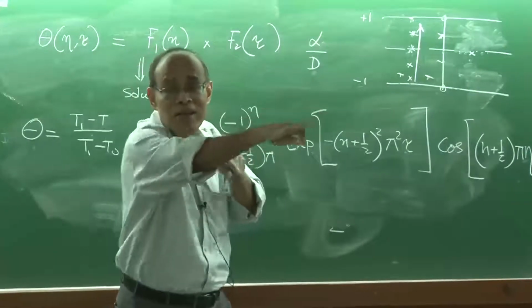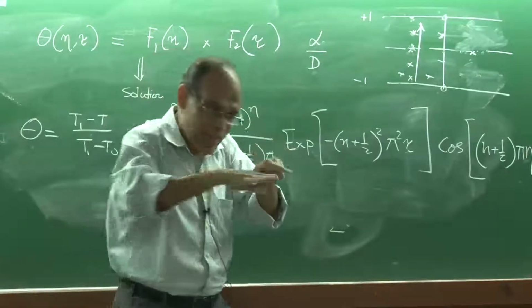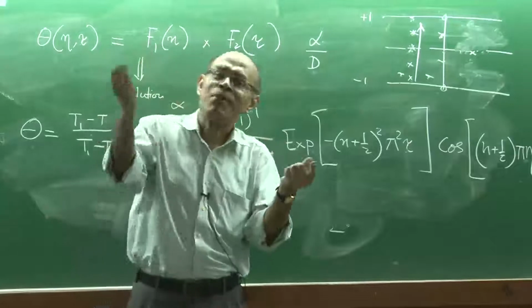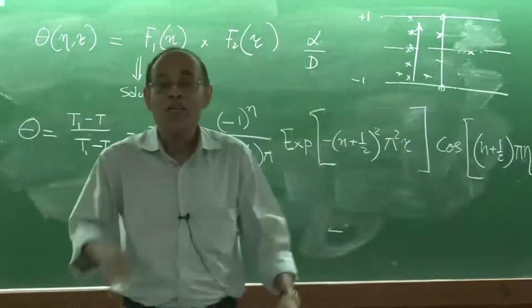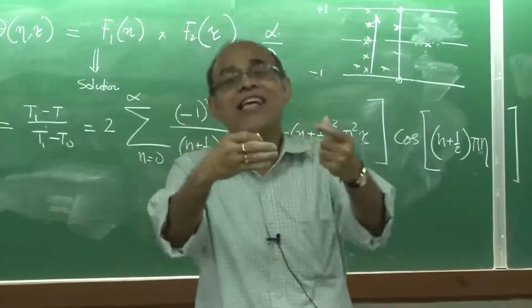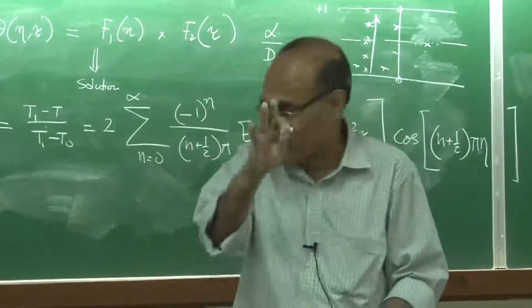Heat flow takes place faster than mass flow, which essentially means that in a simultaneous heat and mass transfer problem, the heat transfer will reach steady state much earlier than the mass transfer itself.